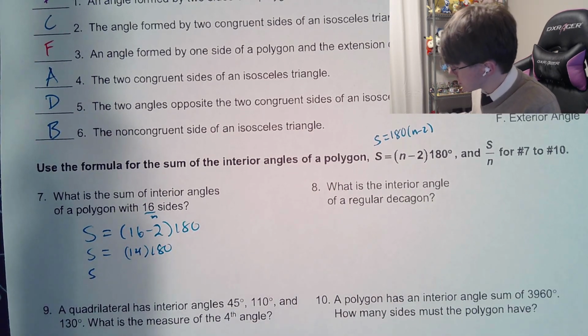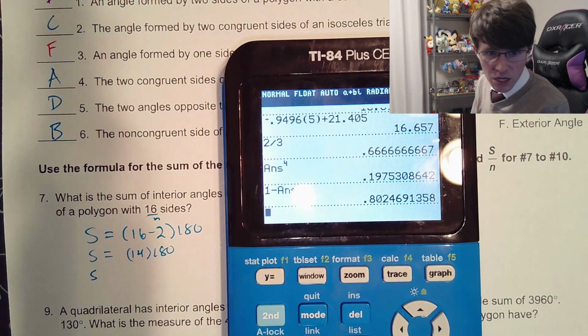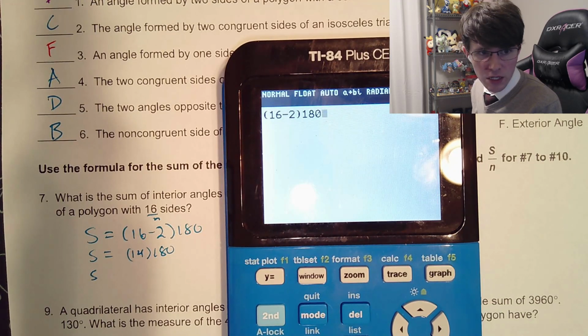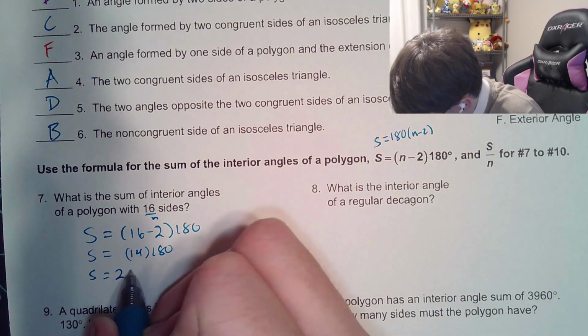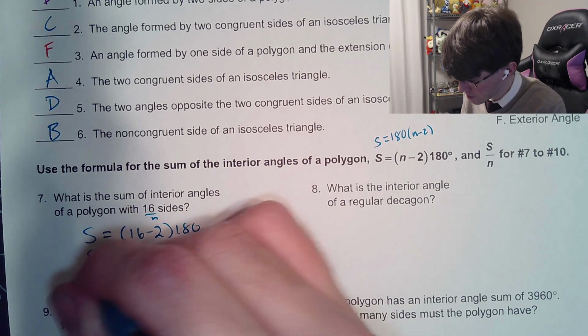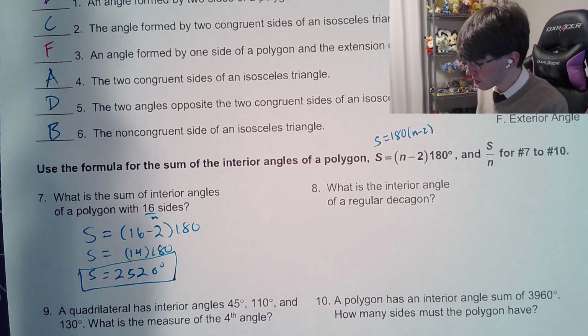If you were using the calculator, you could just type it in exactly as it appears, 16 minus 2 and then 180, and it will tell you it's correctly 2520. Or you could have just done 14 times 180, and that also works. And it's degrees. Don't forget your degree symbol just in case your teacher requires it.